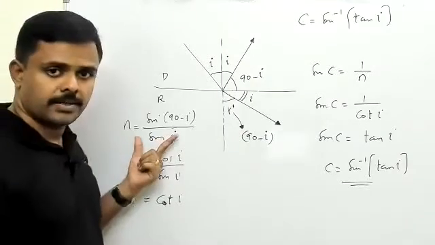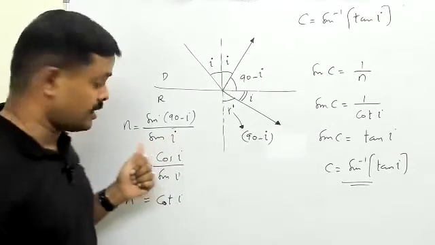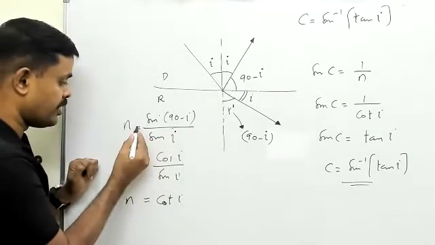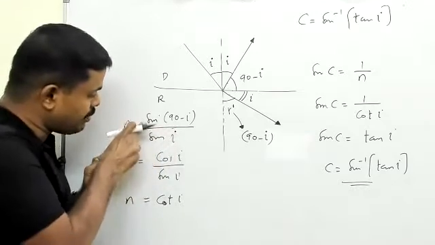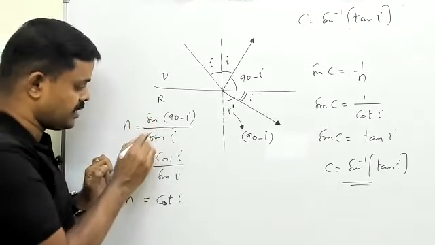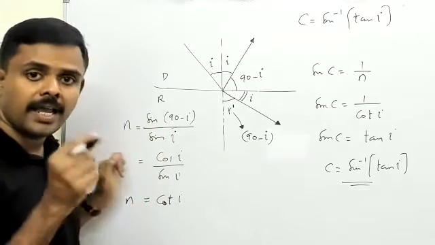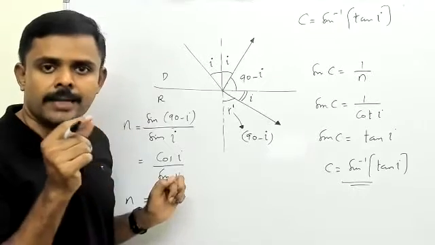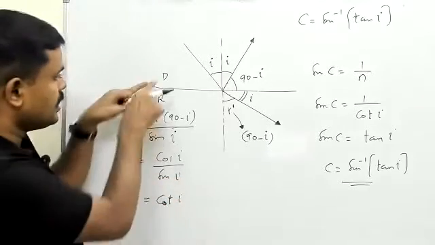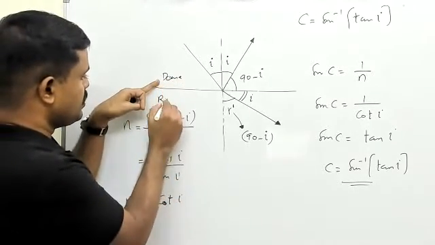From this part, I can do one more time. I can apply Snell's law here. I must write sine by sine first. Then I should write the angle in the denser medium in the denominator. This is denser, this is rarer.